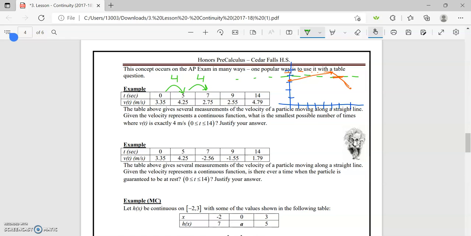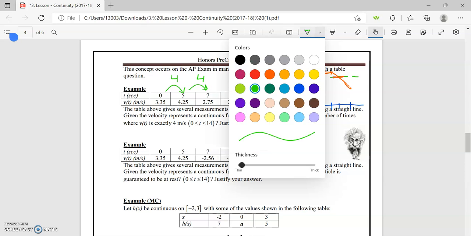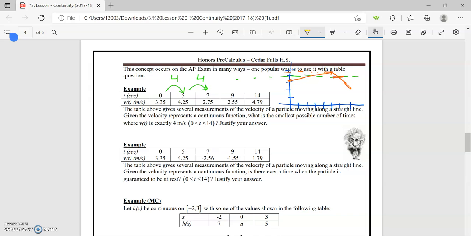Now, if you look from 7 to 9 seconds, I start at 2 3/4, I end at just over 2.5. There's a possibility, let me change this to some other crazy color, that somewhere between here and here, I can draw my straight line and say, no, I didn't cross the 4.